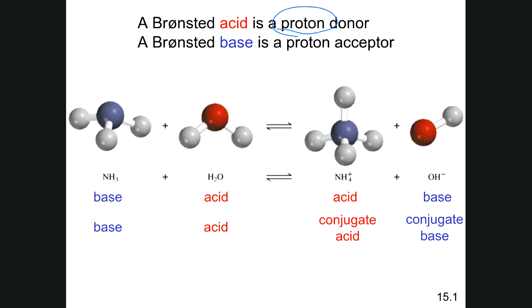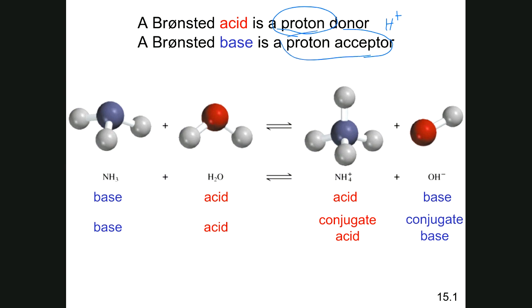But this also covers a definition for acids and bases that you don't add to water. So if your compound donates a proton, it is going to be classified as an acid. If it accepts a proton, it is going to be classified as a base.